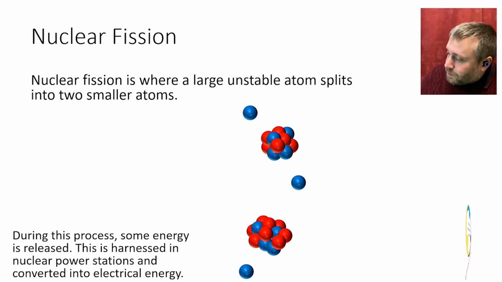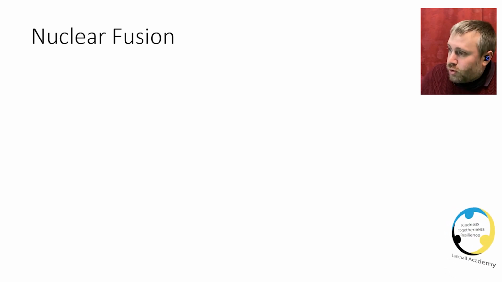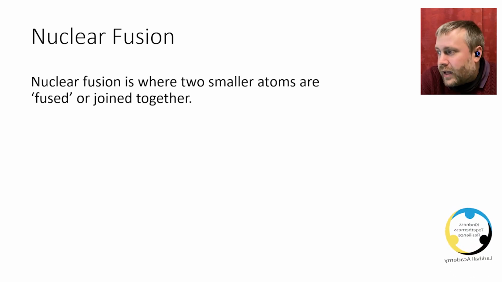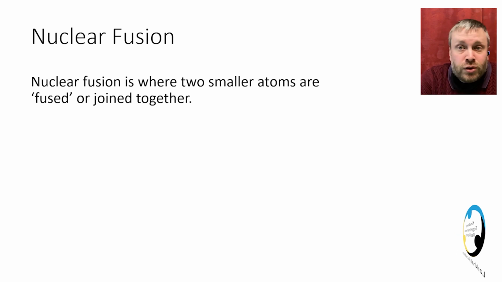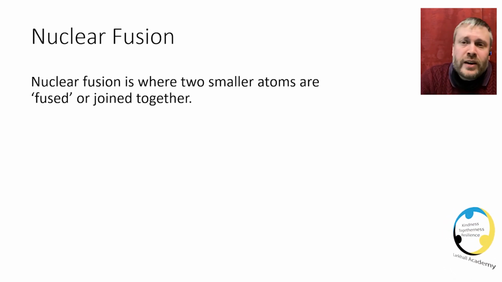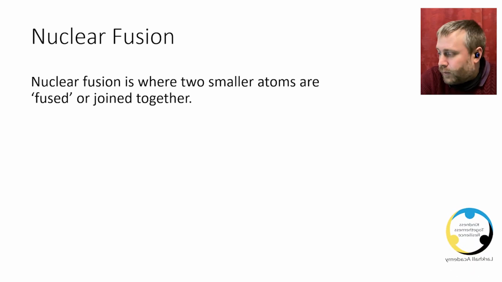So the second type of nuclear reaction we want to be looking at is nuclear fusion. Nuclear fusion is where we have 2 smaller atoms this time, and they are fused together. These 2 nuclei are fused or joined together, and they make one bigger atom.